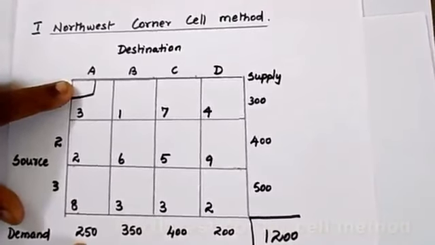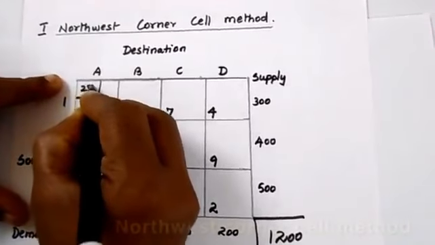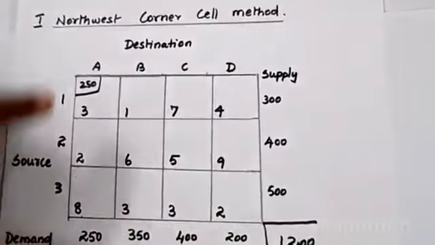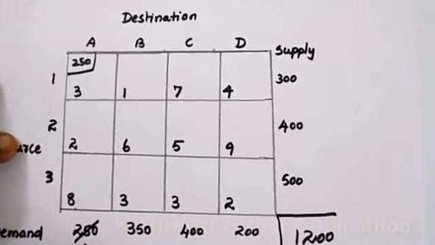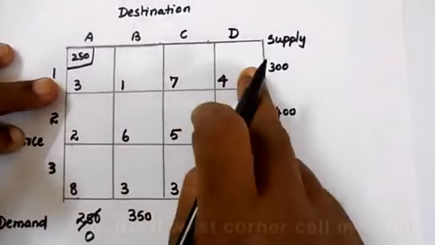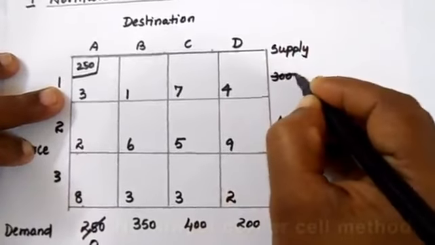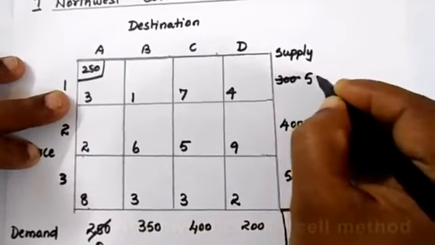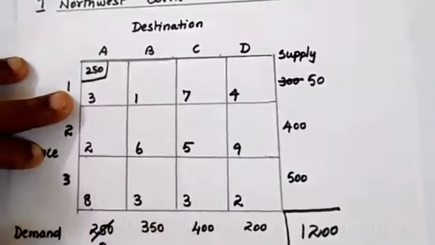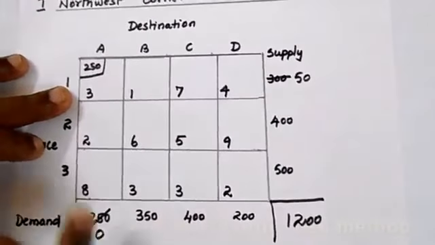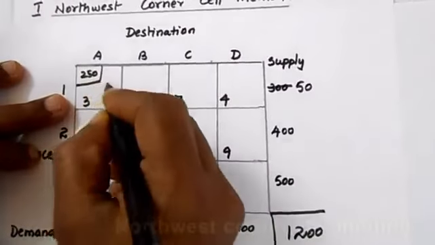So 250 is the lesser value, put 250 here. 250 is allocated, so cancel and put 0. This row has 300, we have allocated 250, the 250 demand is met, and the remaining 50 supply is there. This column has become 0, so the entire column will be cancelled.